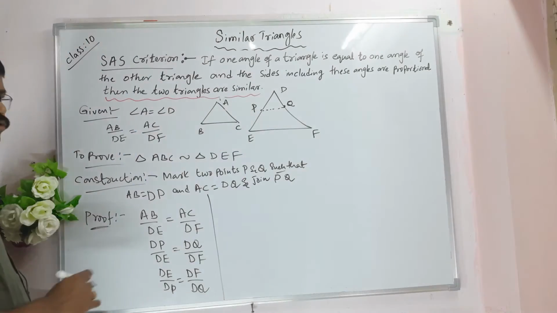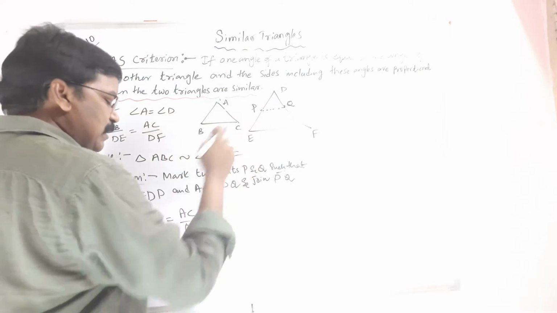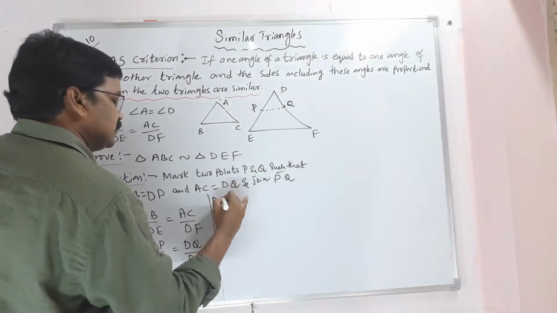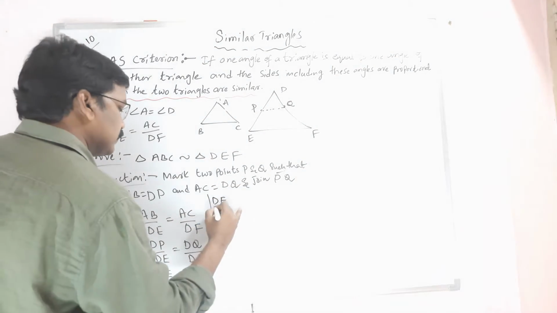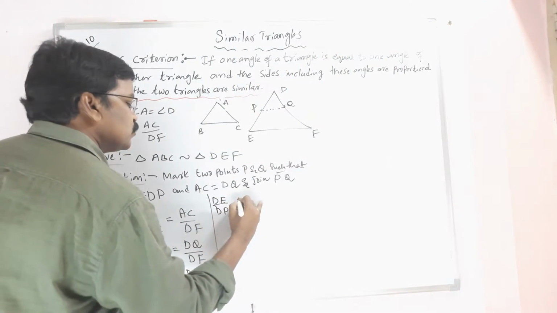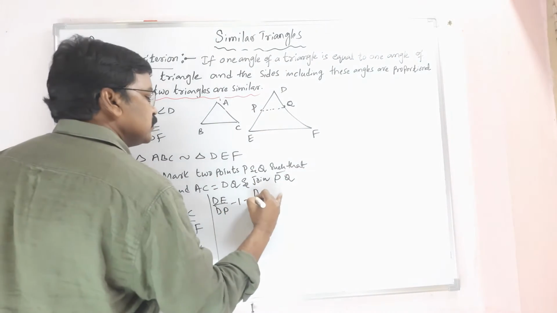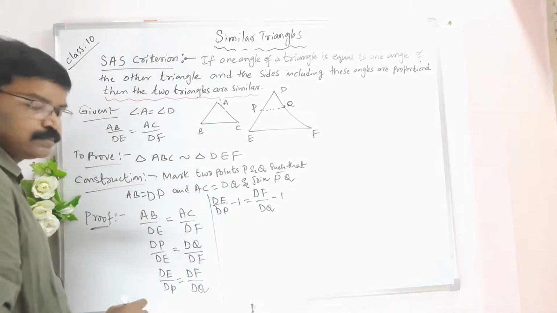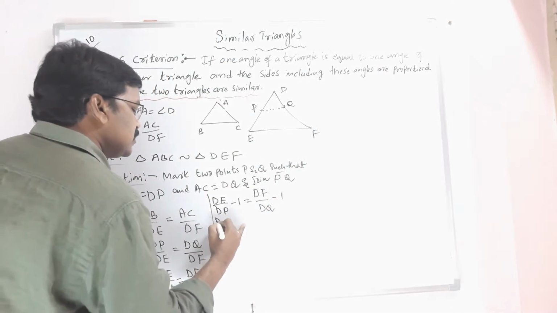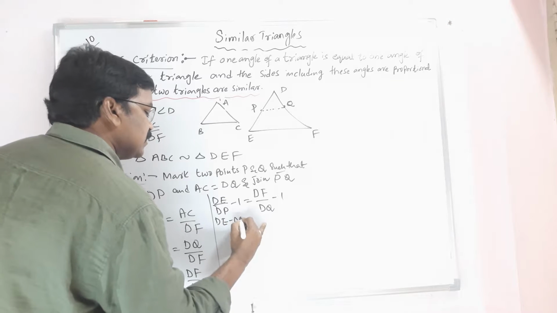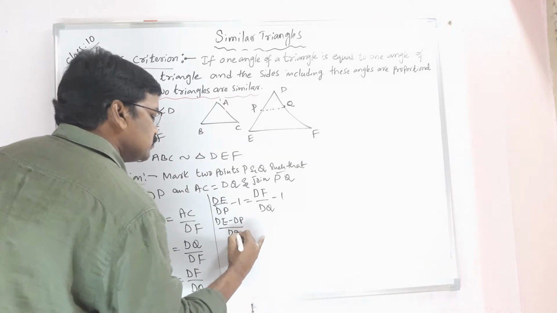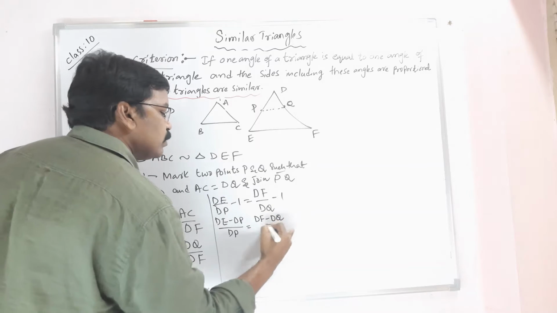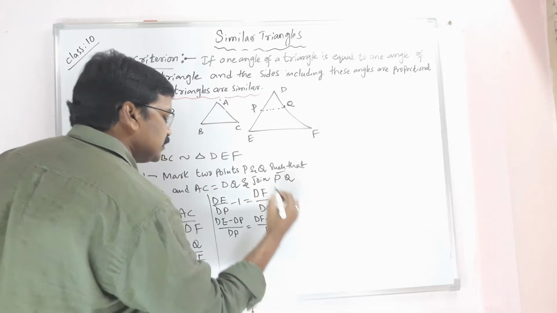Then what do we do to prove PQ is parallel to EF? Yes, subtract 1 from both sides. DE by DP minus 1 is equal to DF by DQ minus 1. So this is DE minus DP by DP is equal to DF minus DQ by DQ.